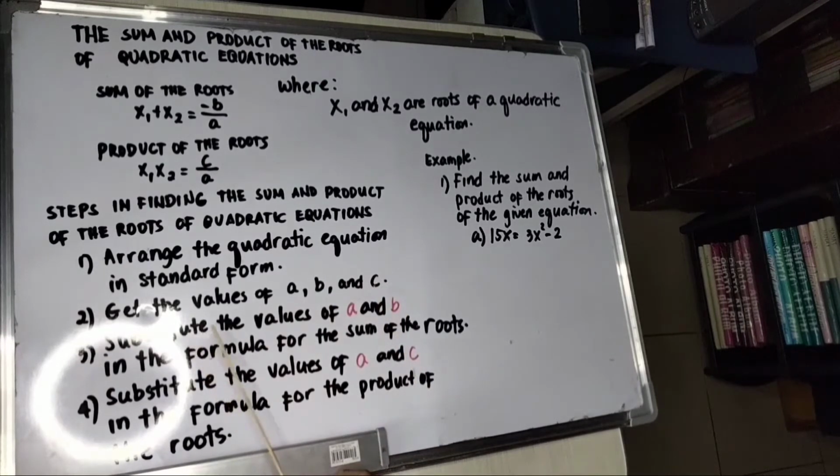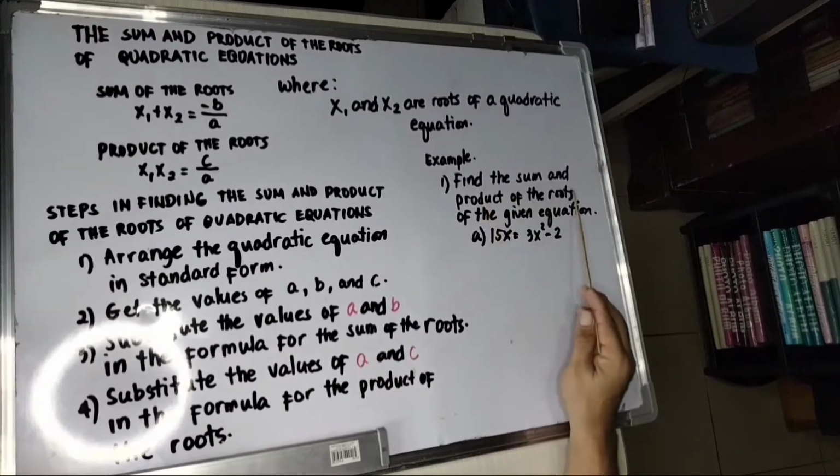Then, after getting the values of a, b, and c, substitute the values of a and b in getting the value of the sum of the roots, and substitute the values of a and c in getting the product of the roots.